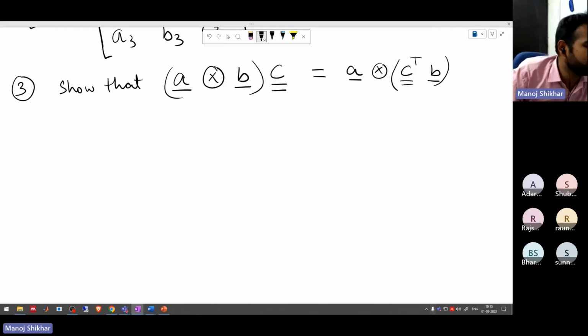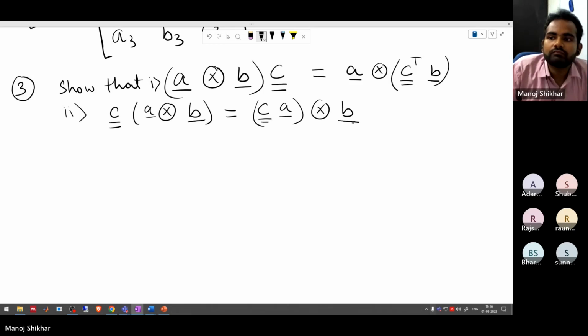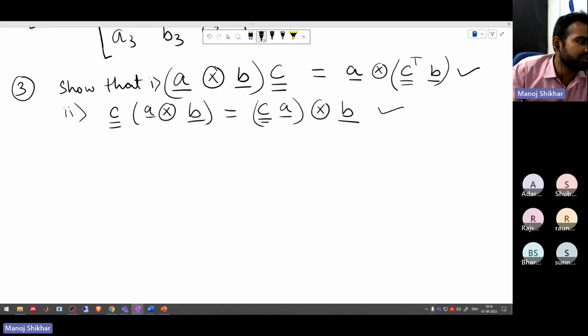Let's first do it using the matrix method, then we will do it using the index method. This is the first part. The second part is there as well. For the first part, I will show you using both matrix and index method. For the second, I will just show using the matrix method, and you can try yourselves at home using the index method.